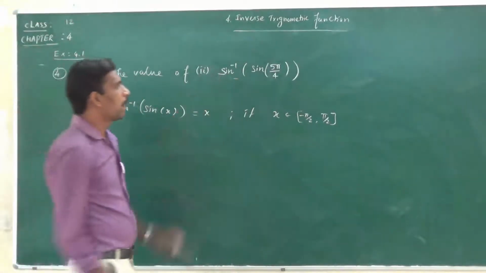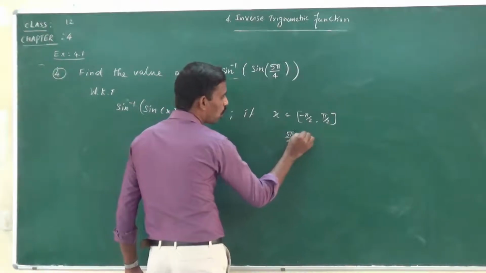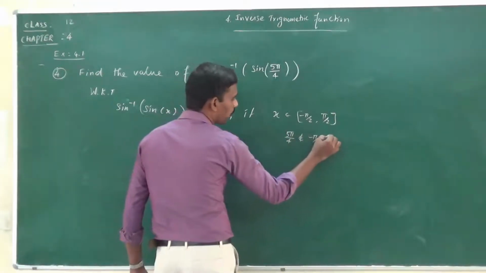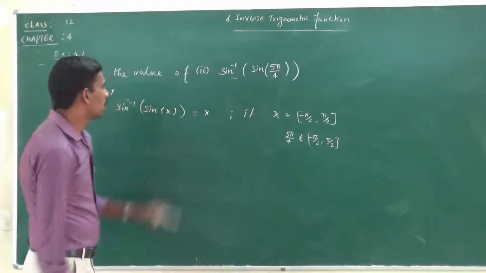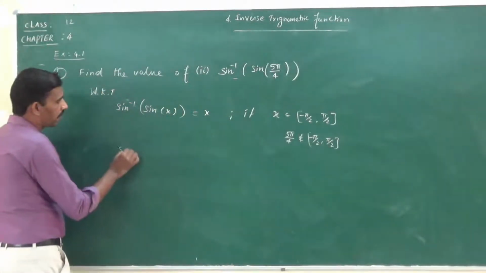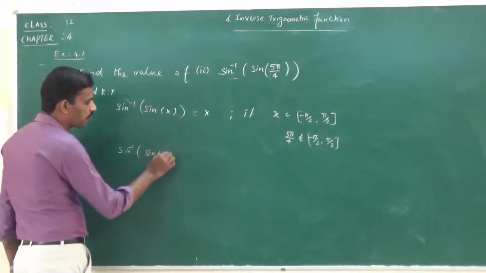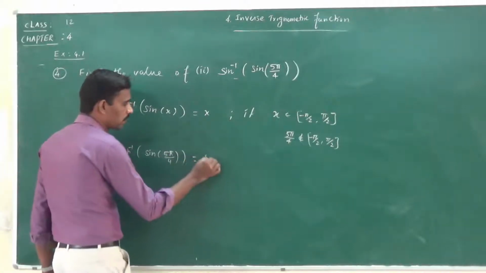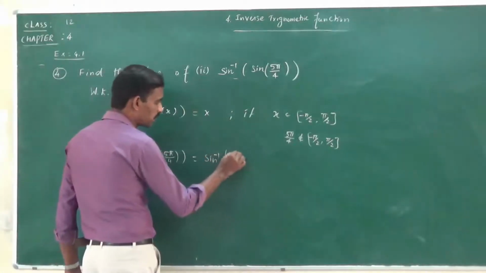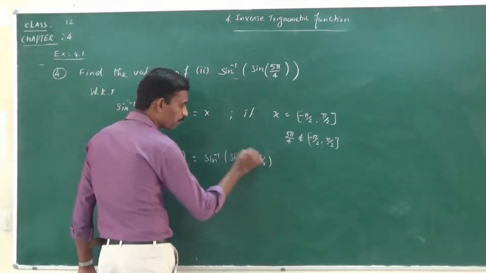But here 5 pi by 4 does not belong to the interval minus pi by 2 to plus pi by 2. Now I can write sine inverse of sine of 5 pi by 4 like this: sine inverse of sine of pi plus pi by 4.